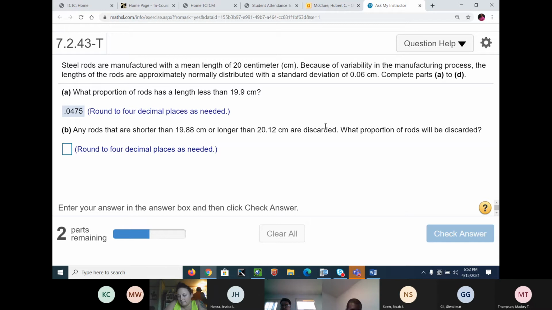I'm going to draw another curve because I don't want to write on top of my previous question.